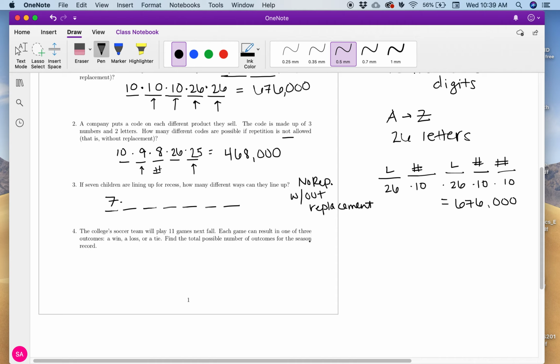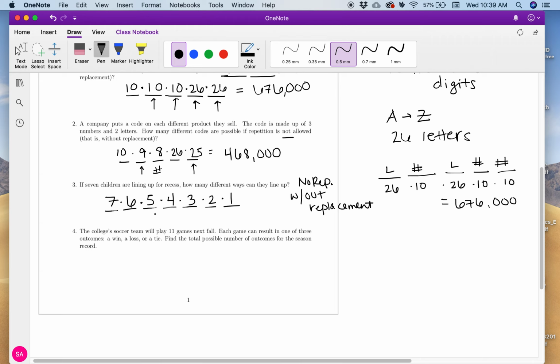We can't repeat humans. So if one of these 7 children takes this first spot, how many kids are left to take that second spot? Well, 6. How many are going to be left for that third spot? 5. How many are going to be left for the fourth spot? 4. See a pattern here? Keep going.